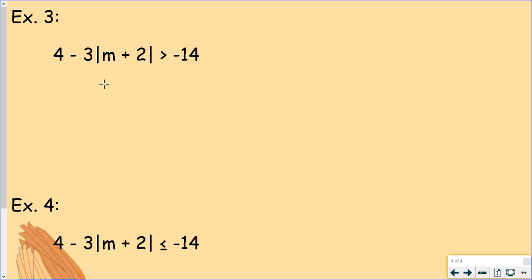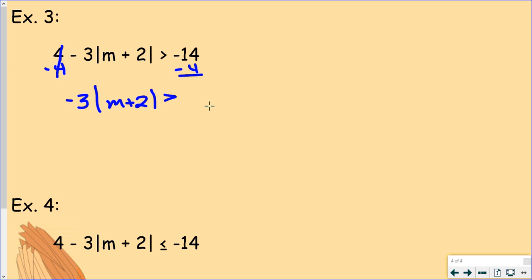Okay? So, let's get rid of this 4. So I'm going to subtract 4 from both sides. So now I have negative 3 times the absolute value of m plus 2 is greater than negative 18.